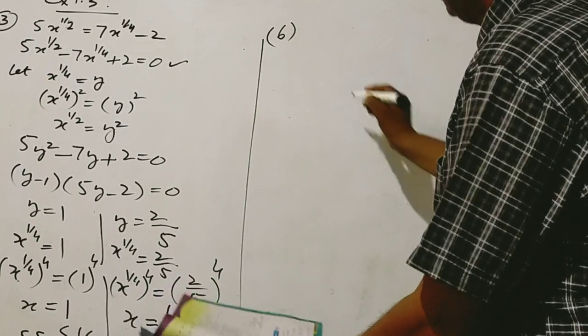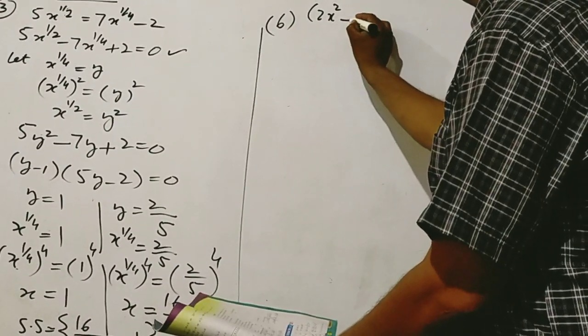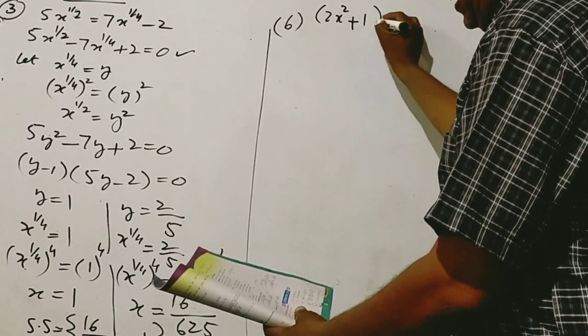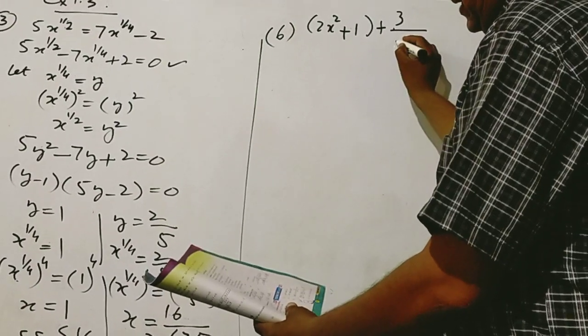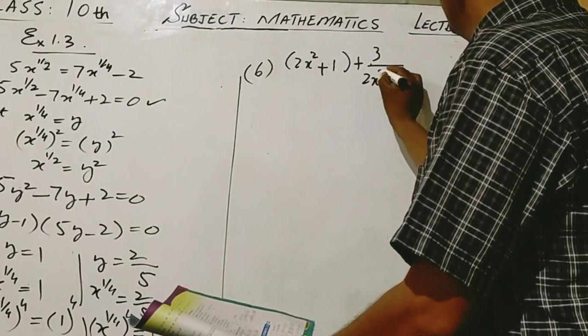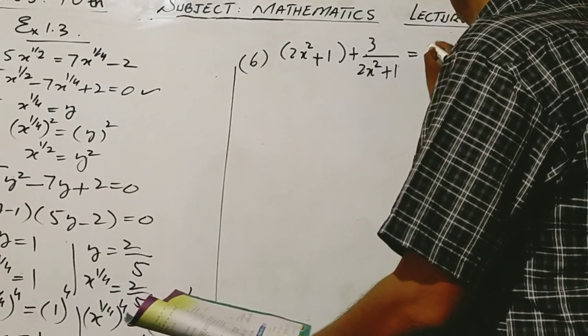This is 2x squared plus 1 plus 3 upon 2x squared plus 1, and that's equal to 4.